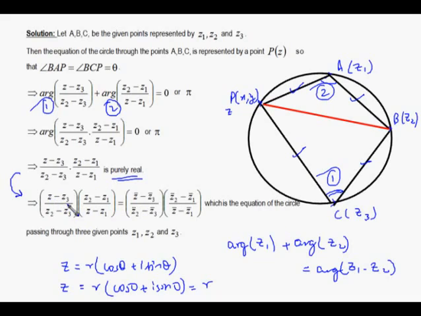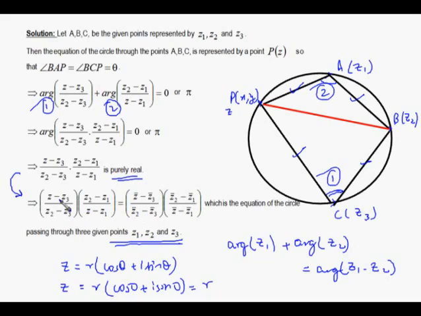So (z minus z3) upon (z2 minus z3) times (z2 minus z1) upon (z minus z1) will be equal to the entire conjugate of this quantity itself. And this hence represents the equation of the circle passing through the 3 points z1, z2 and z3. You have to understand that any equation written in terms of z and its conjugate can be considered as the equation of locus for the point z.